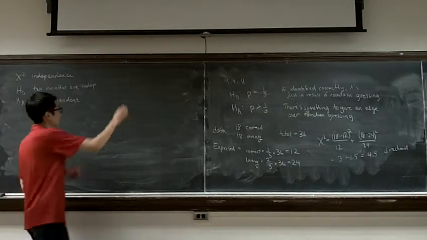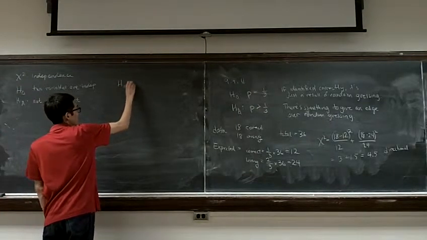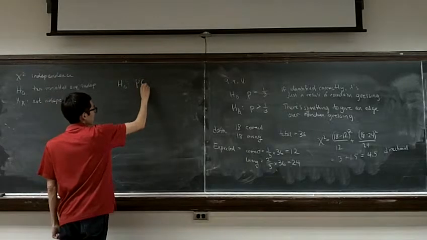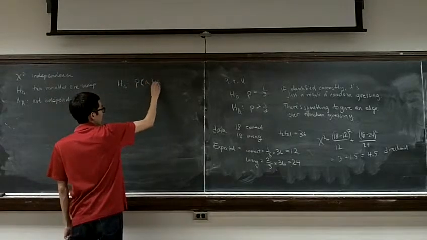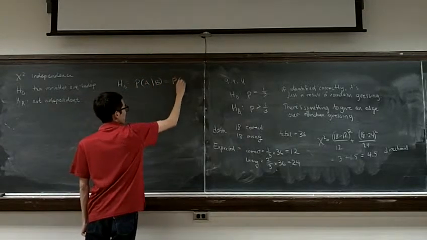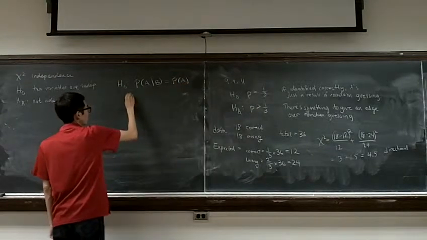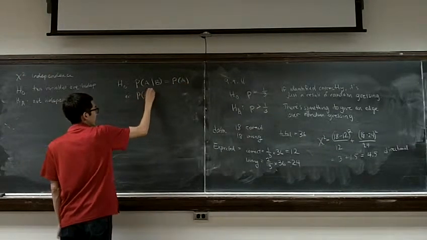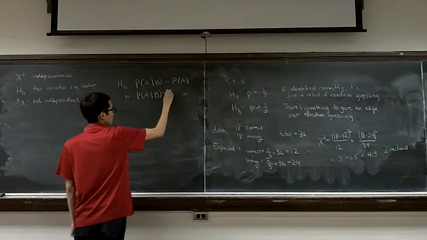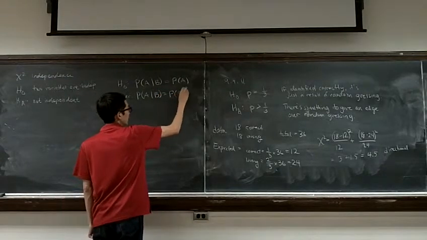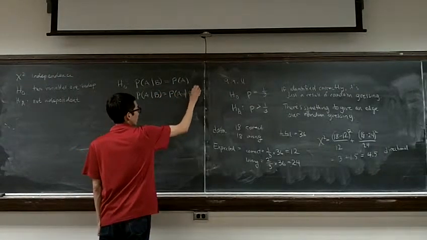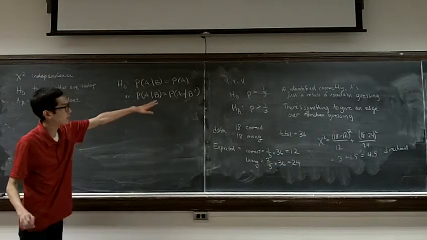Symbolically, you can write probability of A given B equals the probability of A, or you could write probability of A given B is equal to the probability of A given B complement. These are allowed, okay?